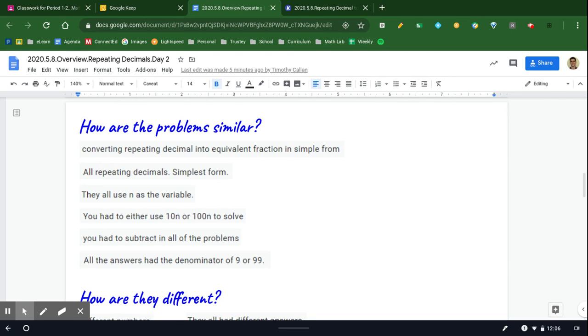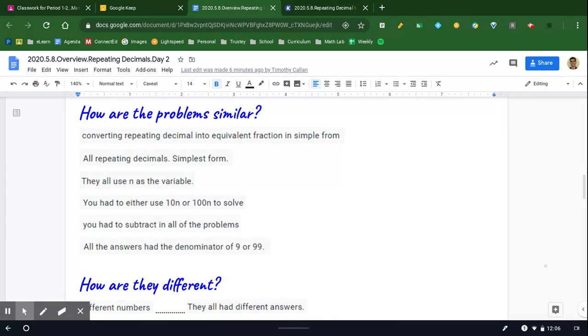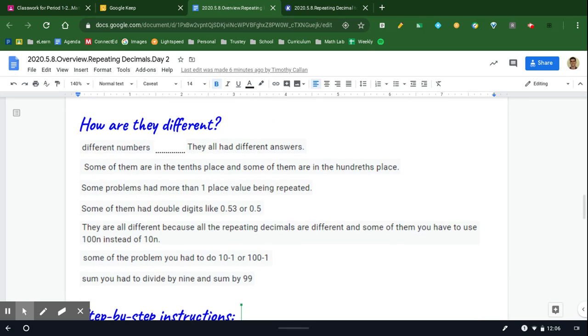So be careful trying to find patterns and shortcuts. Let's learn the number sense and the algebra behind it. I can respect those of you who saw some patterns, but you better learn the algebra behind it because that will not always be an answer with a denominator of 9 or 99. Check out the challenges from the last assignment or today's assignment if you want to see that's the case.